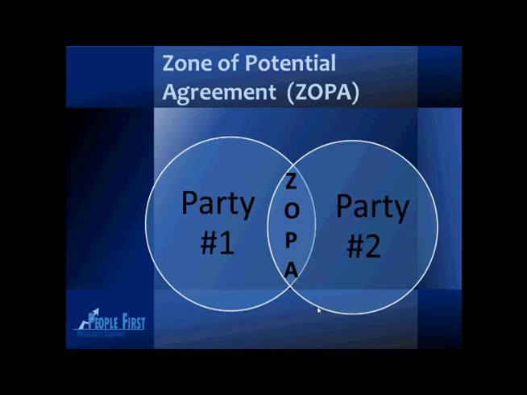That's why deal sweeteners, even though you put them out there, may not even enlarge the ZOPA. Because if they're not enticing to that other party, then they do not create a larger zone of potential agreement. That's one of the reasons why we started this series by talking about value and how important it is to understand precisely what the other party values.